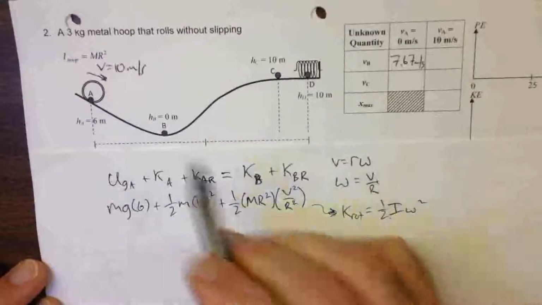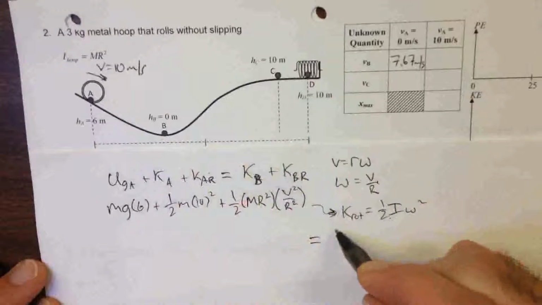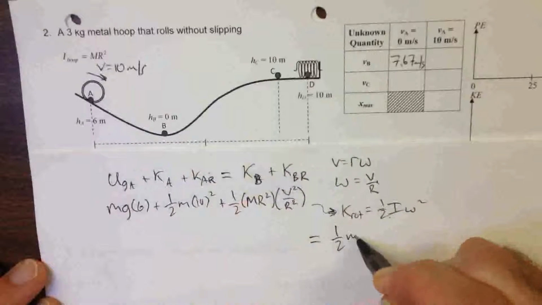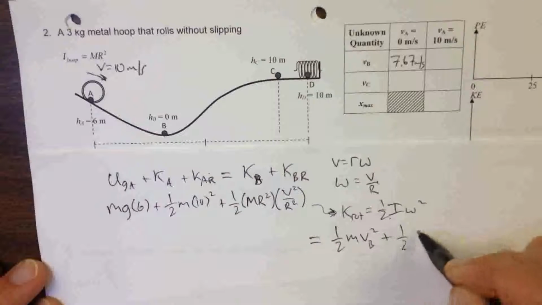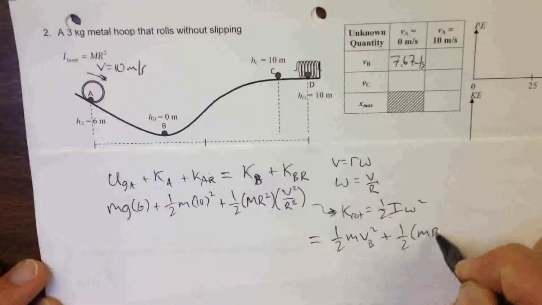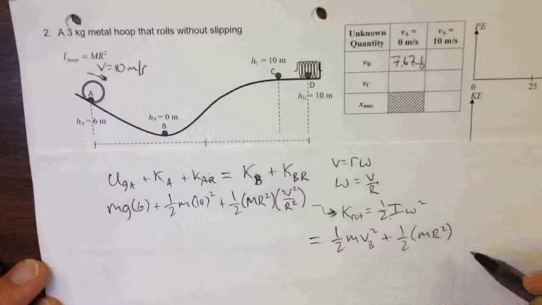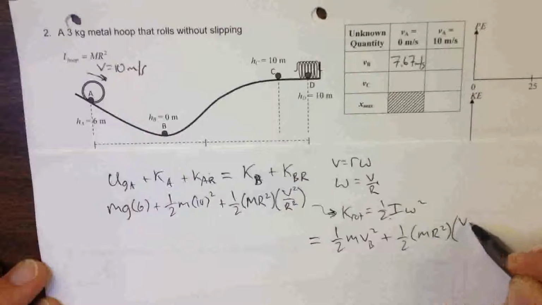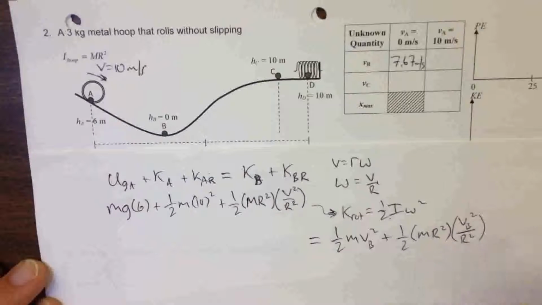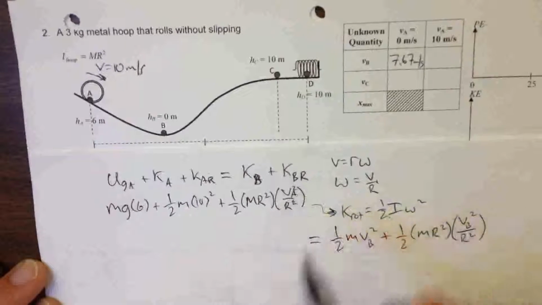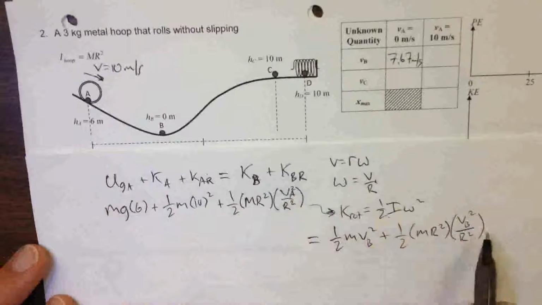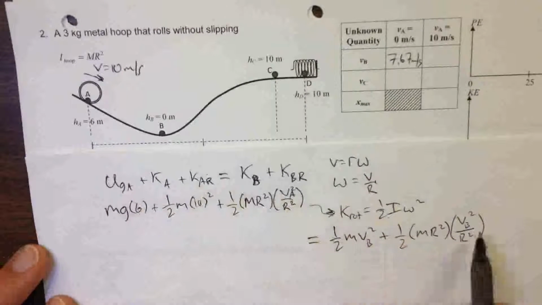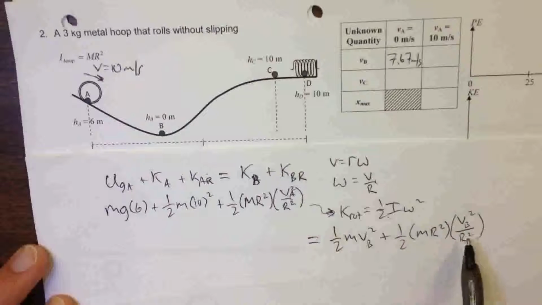After it reaches point B, then the kinetic energy will be 1/2 m velocity at B squared plus 1/2, again, here we'll have mr squared times velocity at B squared over R squared. And I was just noting that I forgot the little velocity A over there. So we got this equals that, before at point A and after at point B.